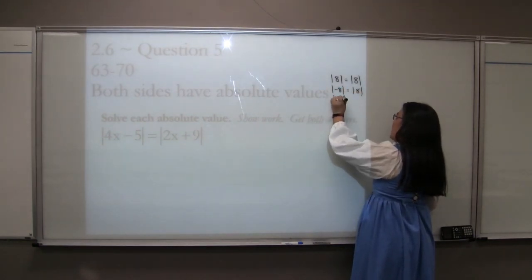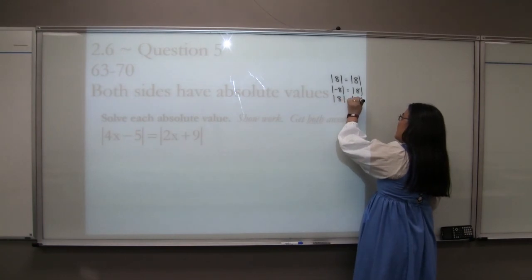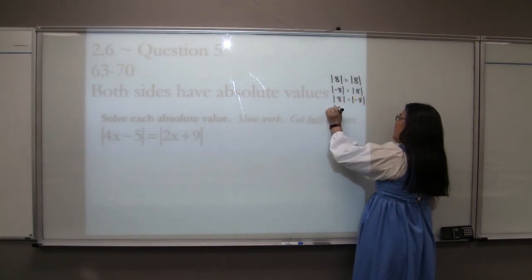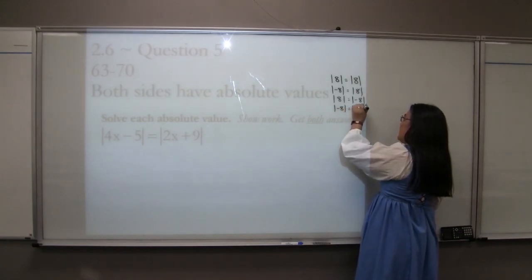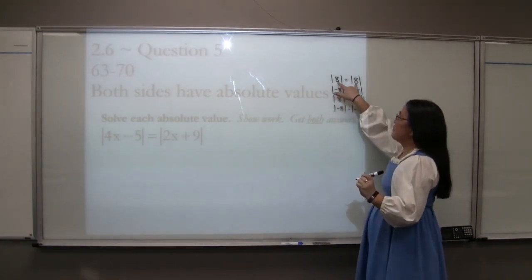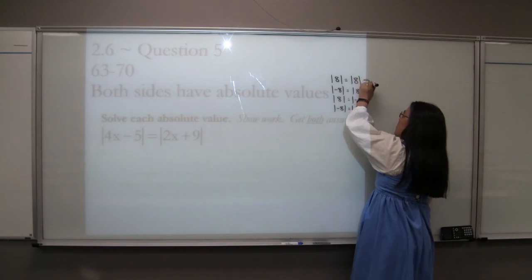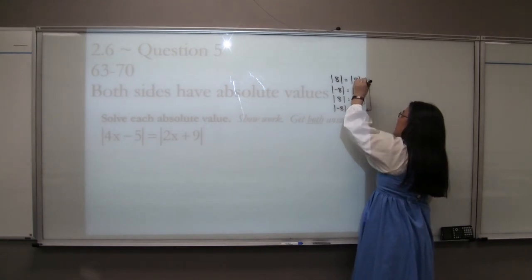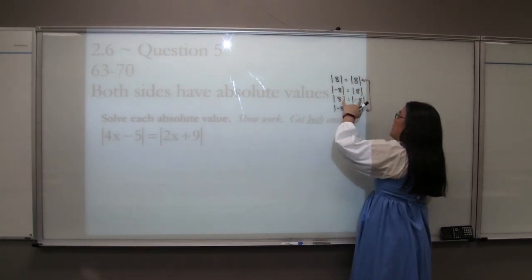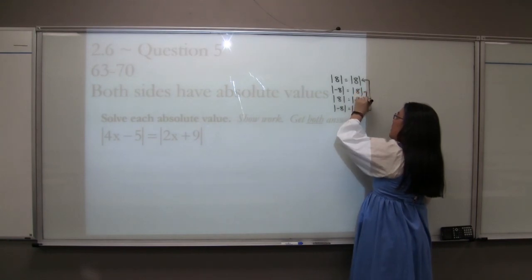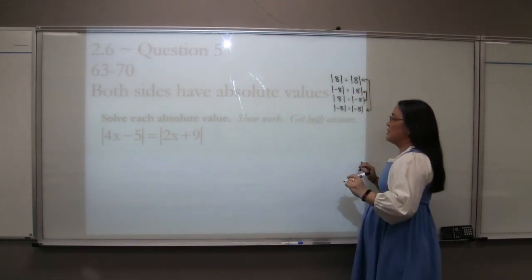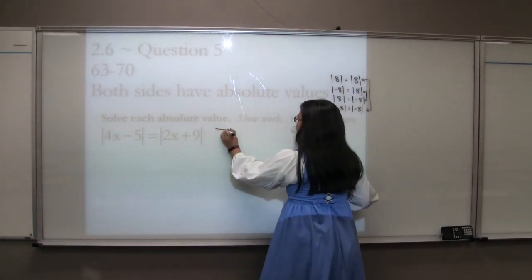I could have a +8 and a -8. Or I could have a -8 and a -8. But if they're both negative or both positive, that's really the same problem. If I have the one on the left negative or the one on the right negative, that's really just the same problem. So we're going to do something similar to before.